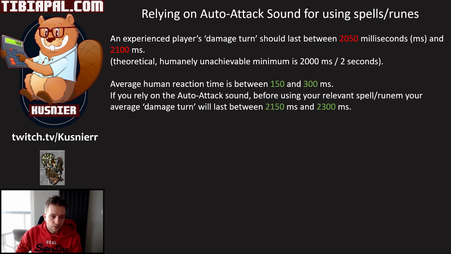Okay, so moving on. The average human reaction time is somewhere between 150 to 300 milliseconds, and some of you will probably know where this is going already. When it comes to audio cues, the average reaction time is somewhere around 200 milliseconds.